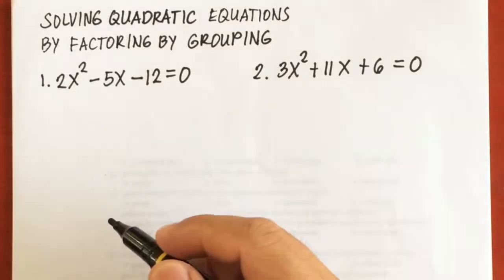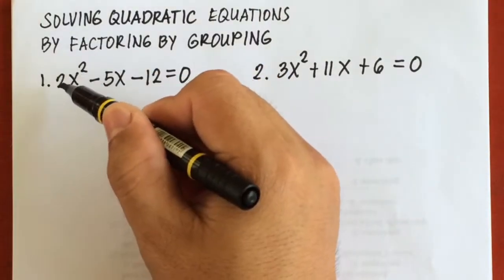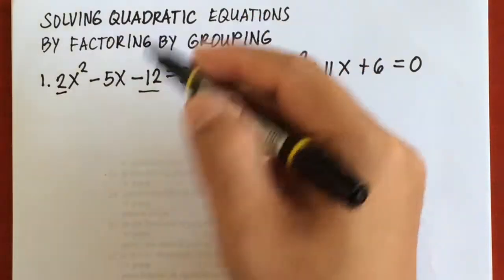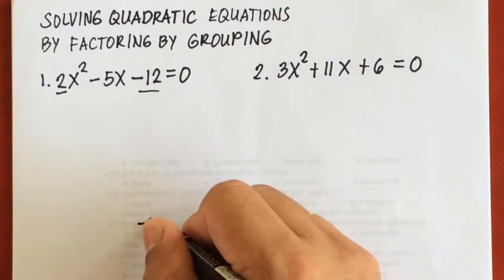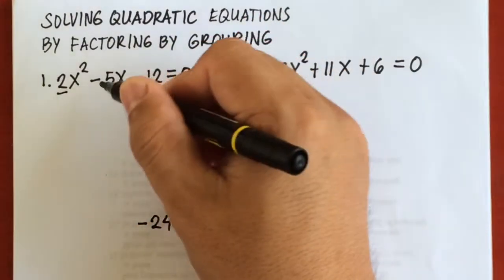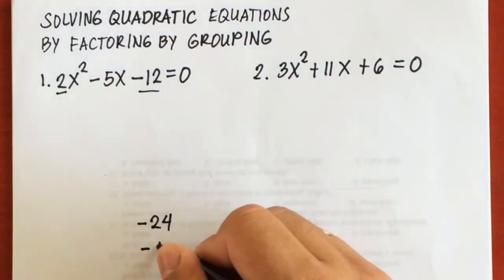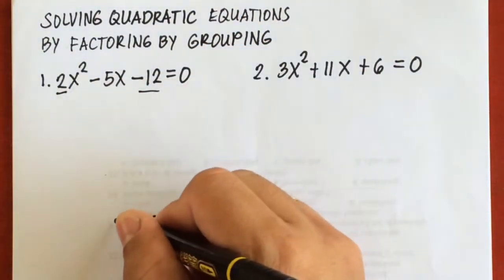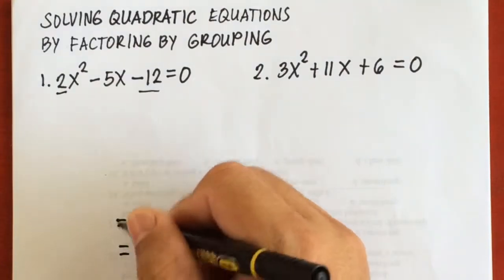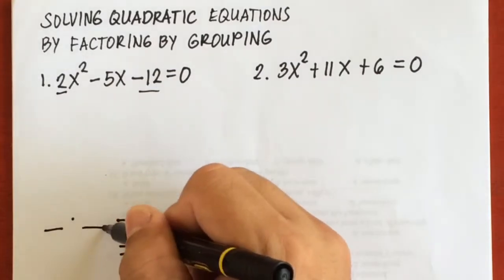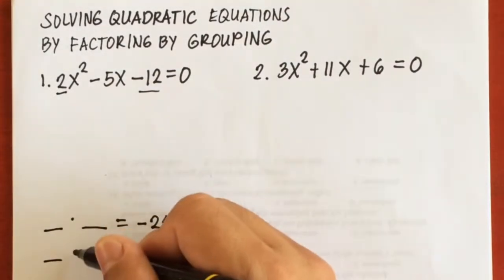So we're going to use here the product of a, 2, and negative 12. So 2 times negative 12 is negative 24, and also we're going to use the numerical coefficient of x, which is negative 5. Now factoring by grouping is just, you're going to find two numbers.